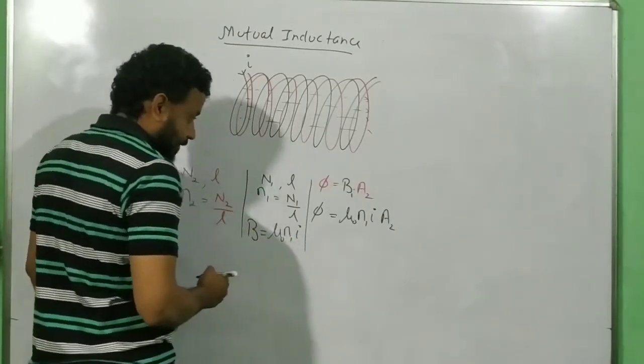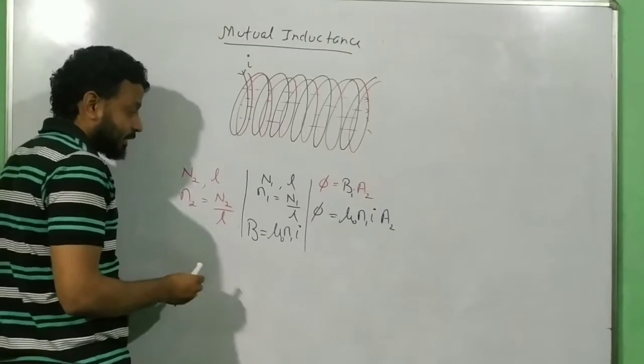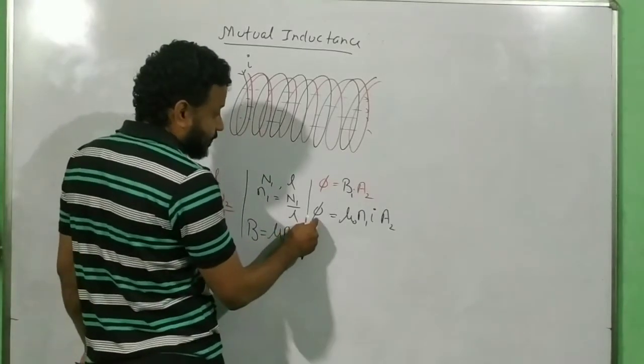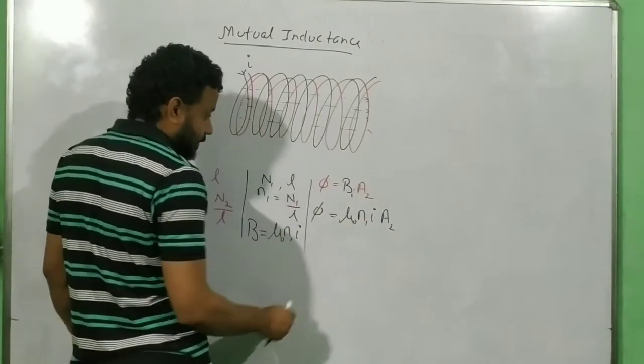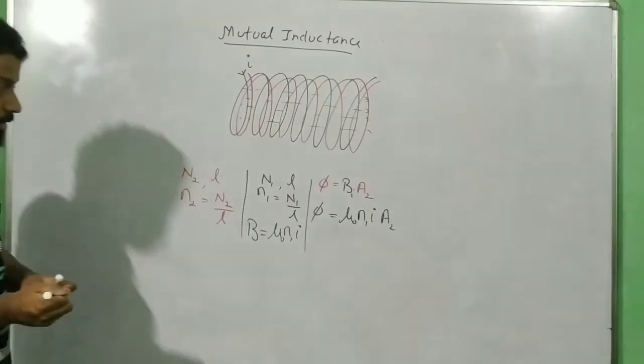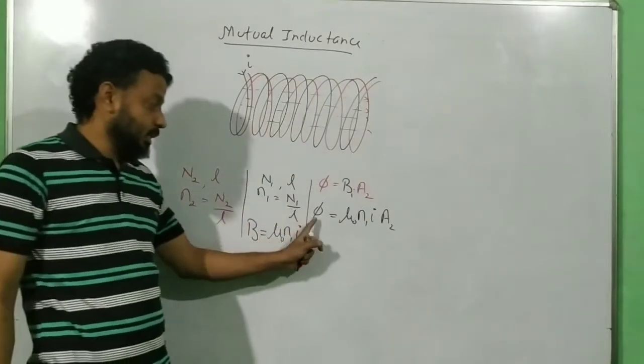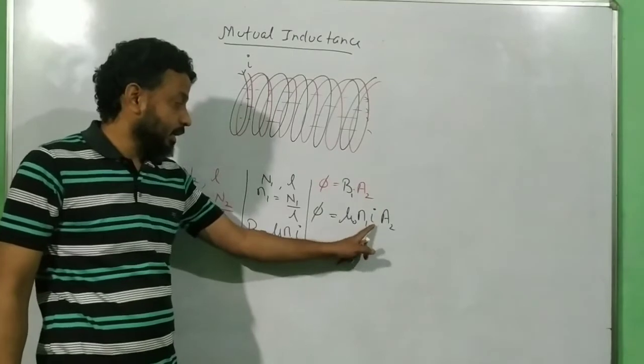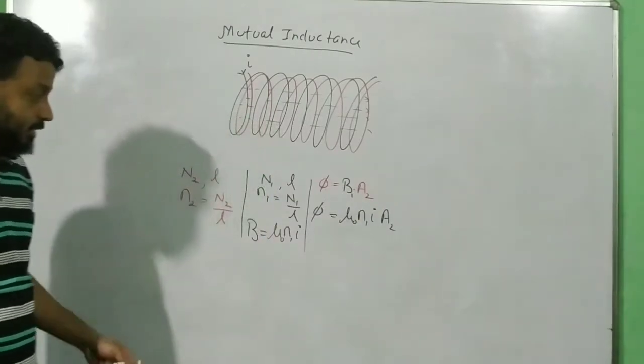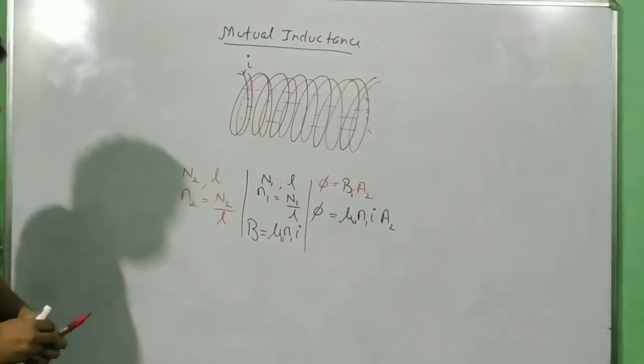You can see here that again I have got the flux as proportional to I, not equal to I. That is a very important part which we have to discuss.